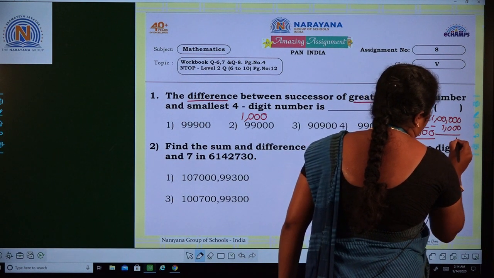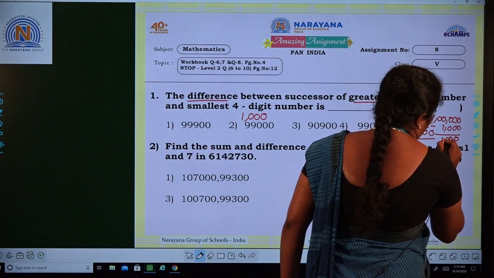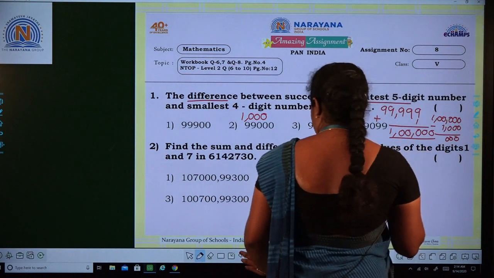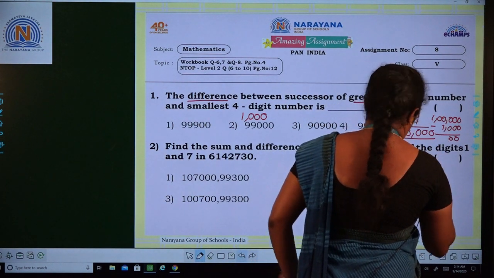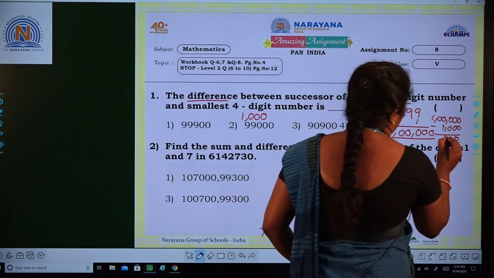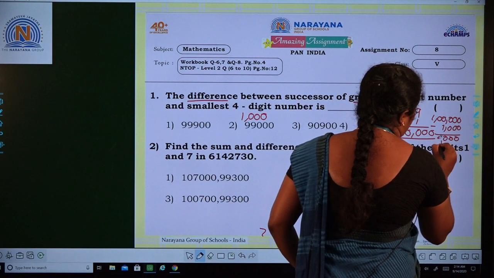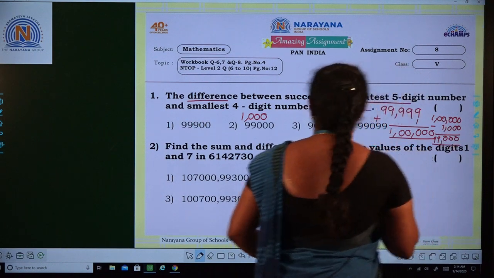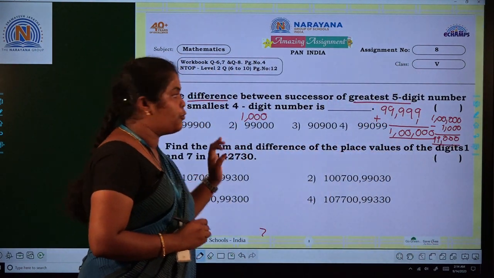We get 99,000. So here where is the option? Option is 2.